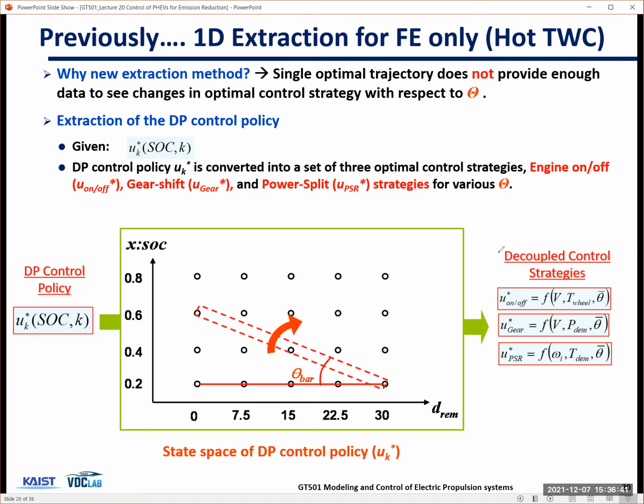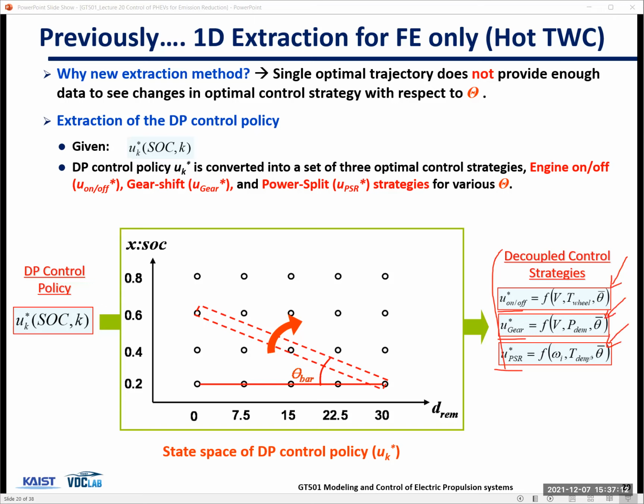So now we can extract this engine on-off map, gear shift map, and power split ratio map from DP solutions. We did this before, but here what's different is that we extract this as a function of theta, okay?